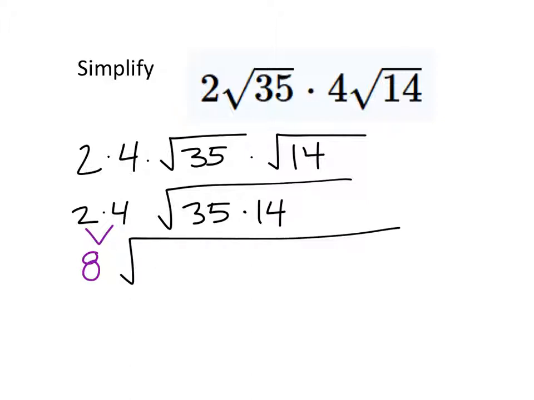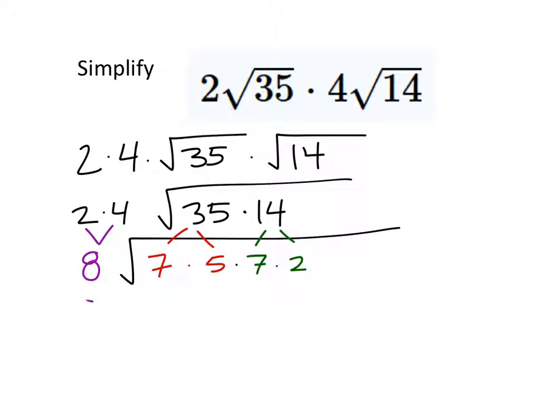But I've got the square root. 35 is going to split up into 7 and 5, which are both prime. And 14 is going to split up into 7 and 2. And these are all multiplied. I didn't multiply those because I'm going to need the prime factors anyways, again, unless your calculator does it.